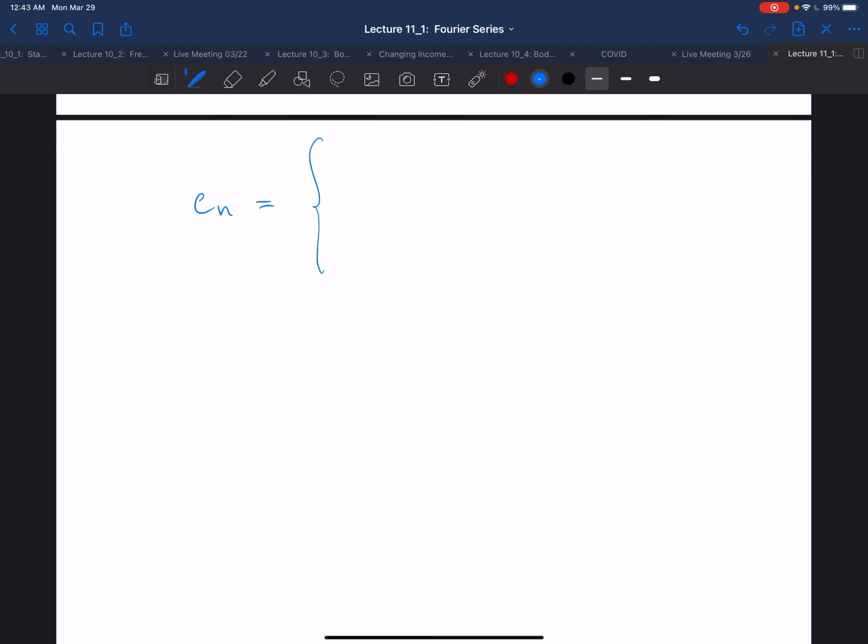You find that C sub n equals 0 if n equals 0, and otherwise you get 1 over j pi n times 1 minus 1 to the power n.